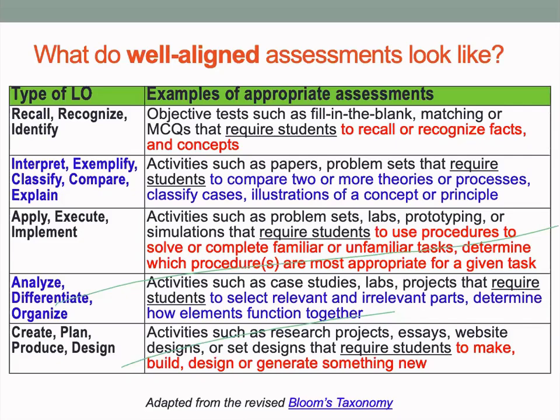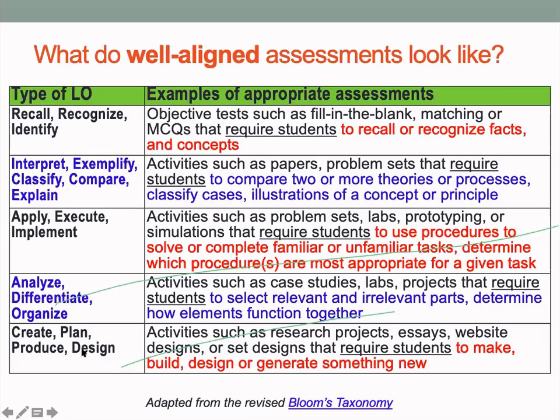If your LO is, for example, for the student to be able to analyze, to differentiate, to organize, then activities such as a case study, lab project, and having students select relevant and irrelevant parts will be a good choice, and so on.